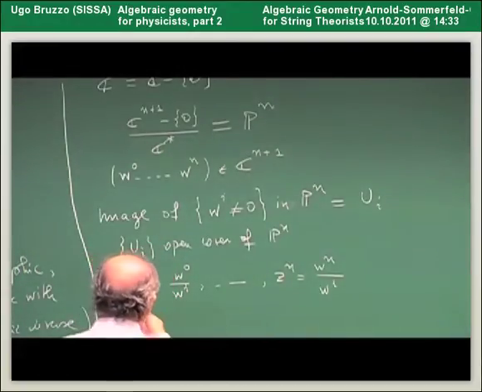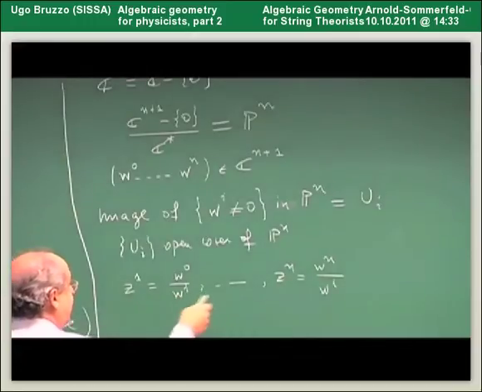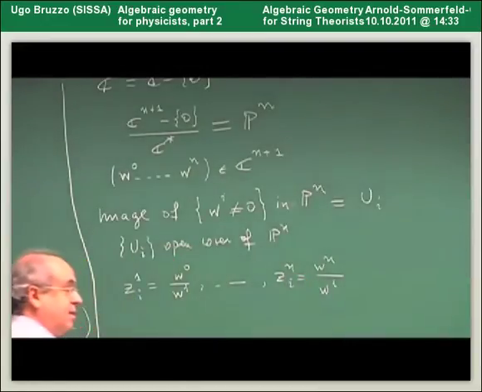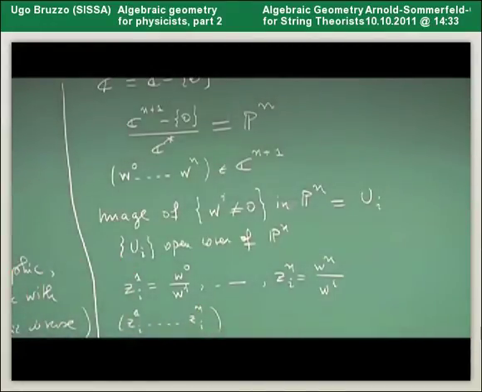And this would be the choice of affine coordinates in the open set U_i. So perhaps we should also put an index here. And the collection of these is what we could call phi_i in this case.